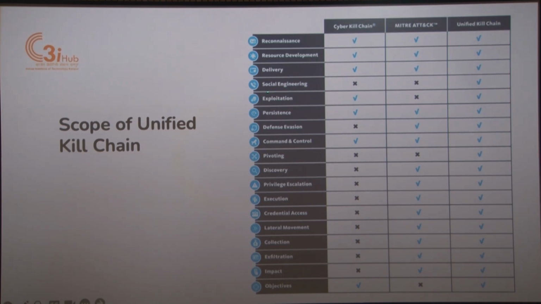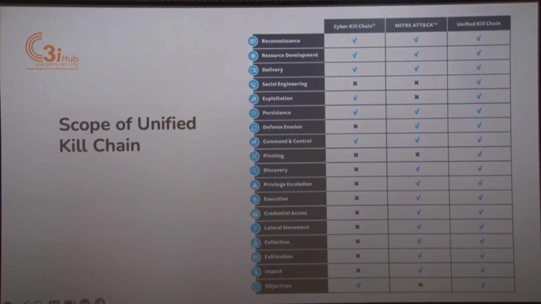Social engineering is more frequently and highly used by attackers, so they believe in giving it a special phase, as it is highly used in the current scenario. Also, from the perspective of countermeasures and raising resilience, they realized that social engineering needs to be given a separate identity from initial access.